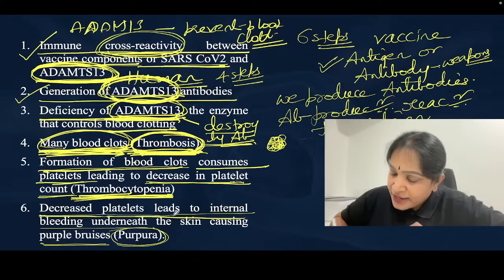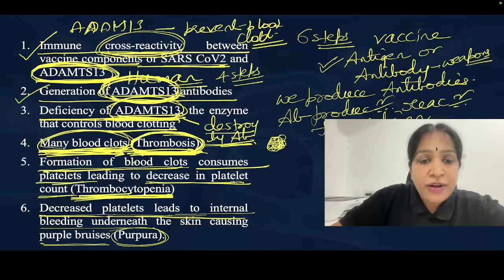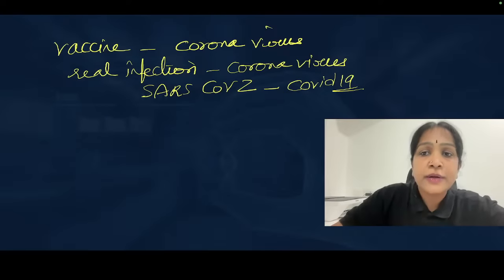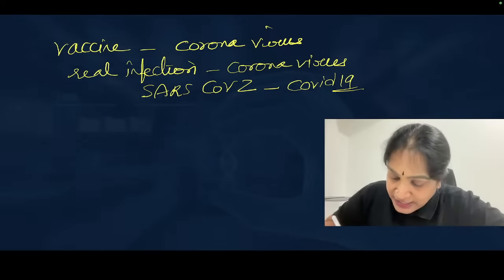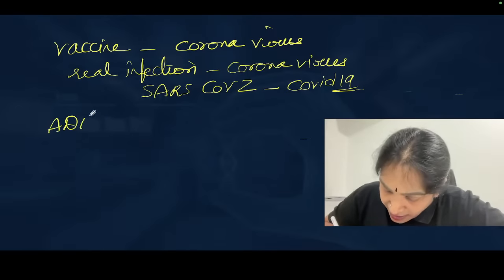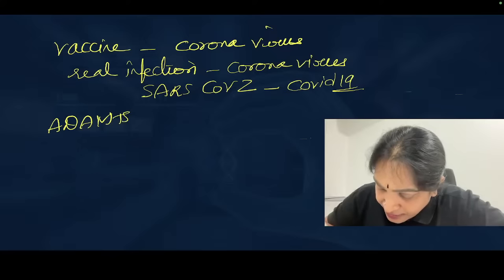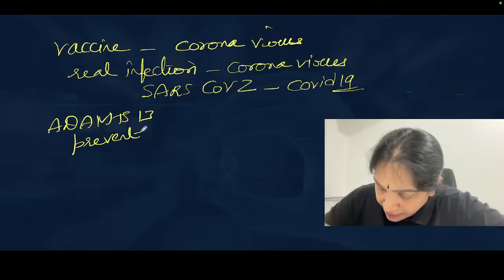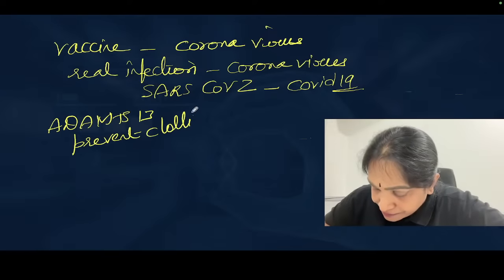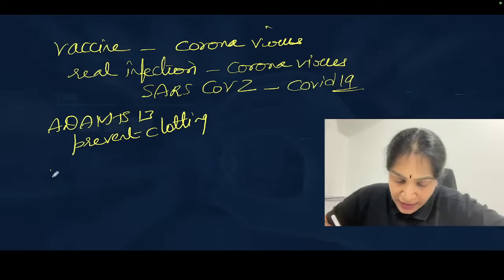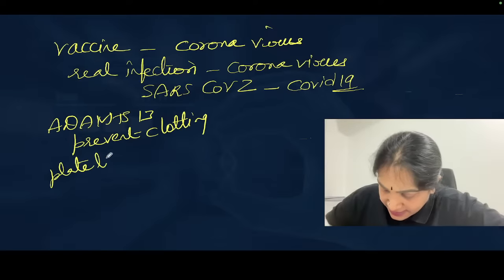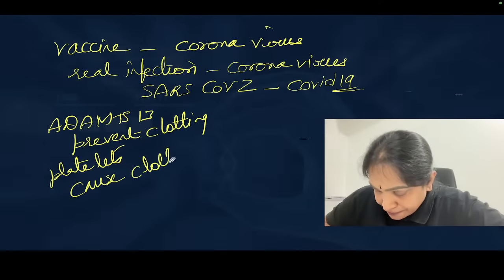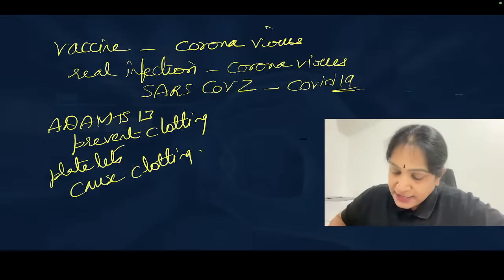So, because of the decreased platelets, what happens? We will get lack of clotting. So, I'll just repeat. ADAMTS13 prevents clotting. Is it clear? Platelets cause clotting. Is it clear?